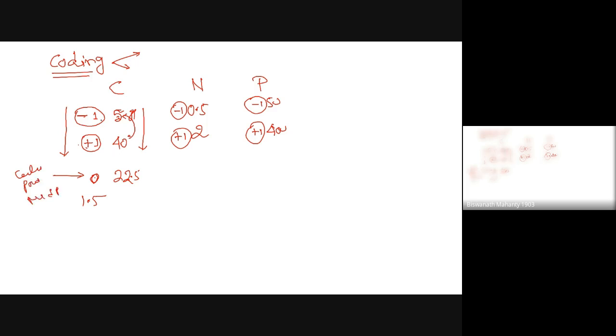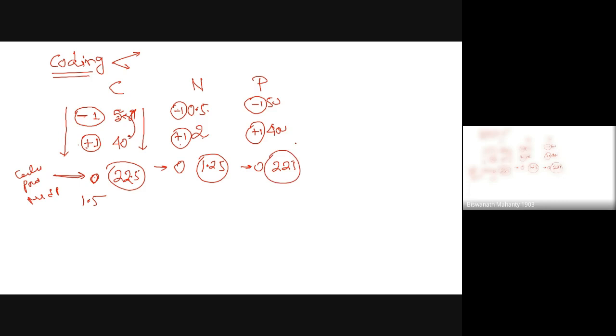Here also -1, +1. So what is 0? 0 is 1.25, the average of this. What is 0 here? Here 0 may be 225. So this is called the center point, with center point values for each of these.